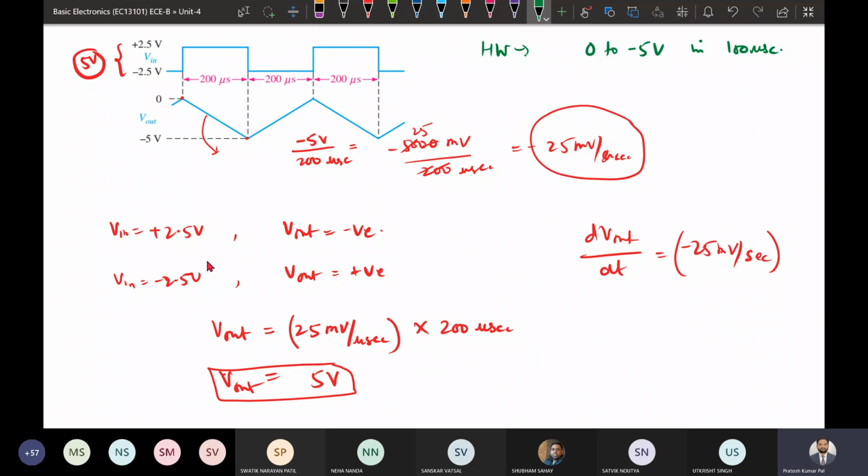If the output is changing between 0 to minus 5 volt for 100 microseconds, whereas initially it was changing in 200 microseconds, what do we need to do on the circuit side to get an output like that? What input changes do we need to make? You can just go with it for your homework part.